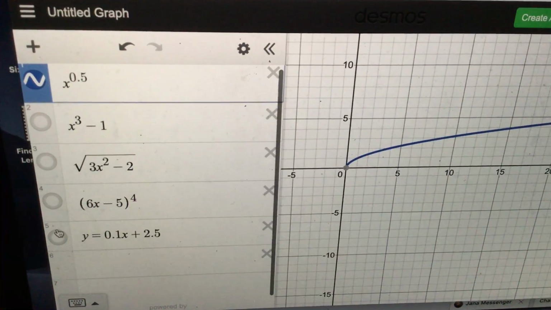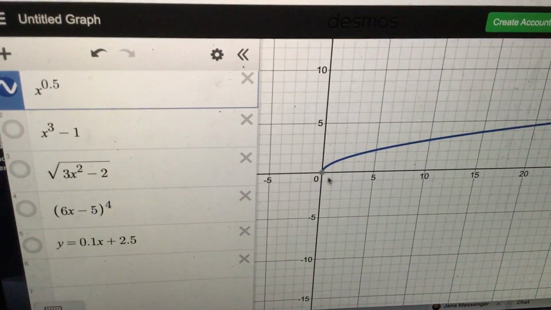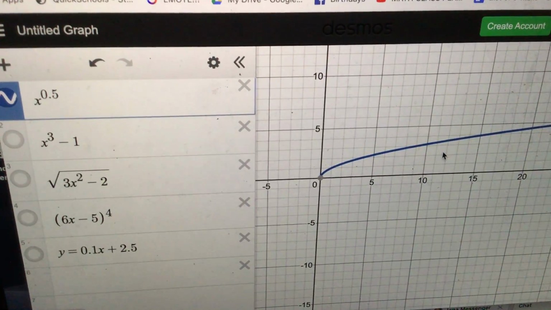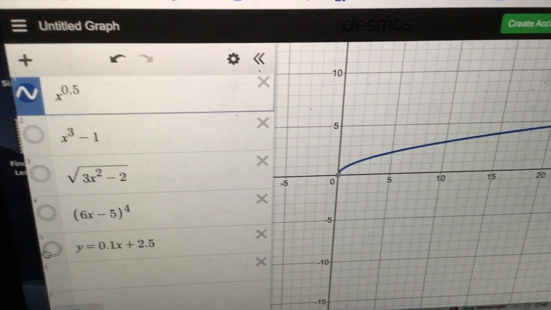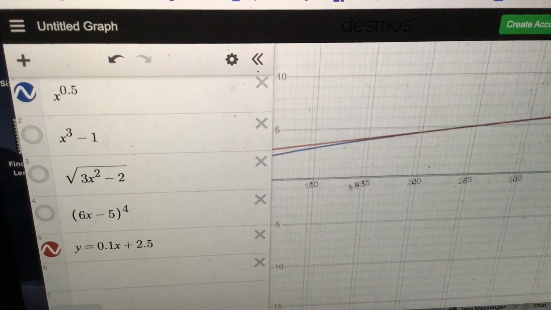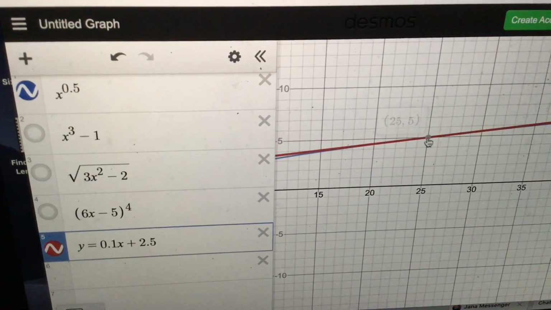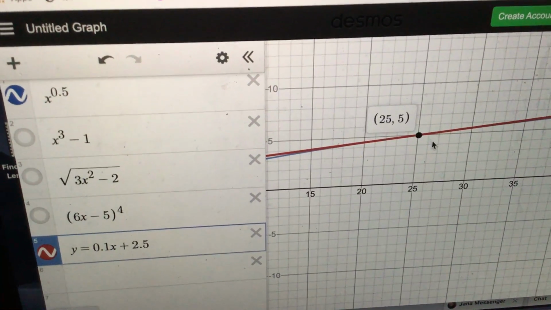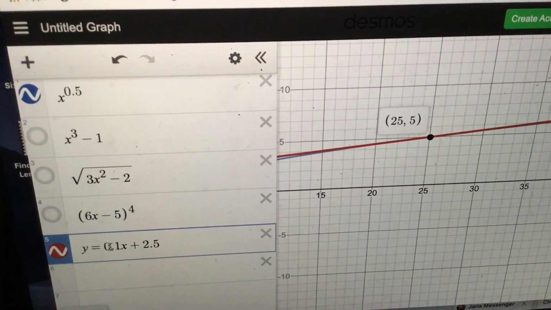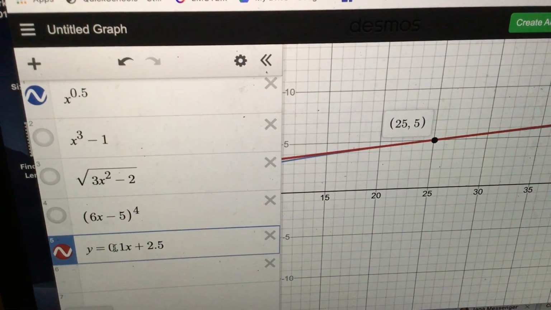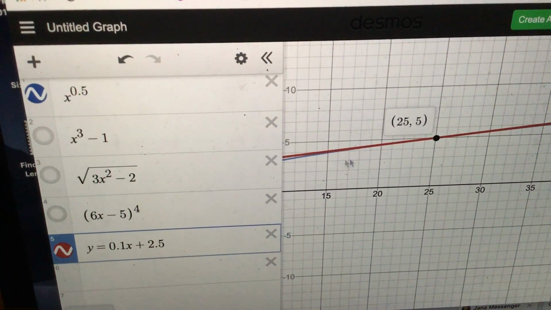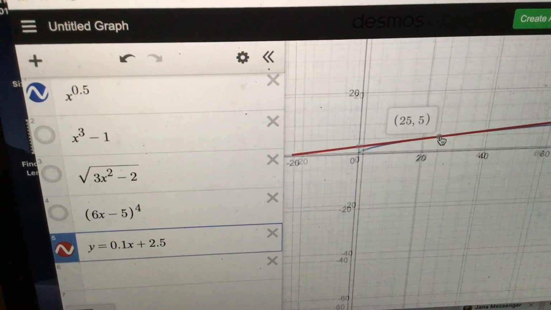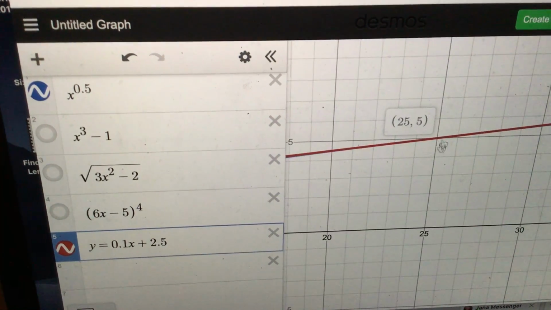Now I'm going to put the equation of the tangent line. Notice as the x value gets bigger and bigger, the slope starts to flatten out. So if I touch the curve at x equals 25, the slope is 1 over 10. So it touches the curve. Zooming in would be better.